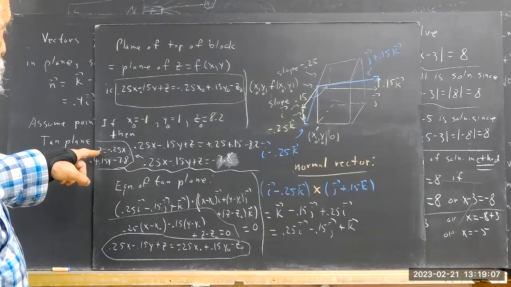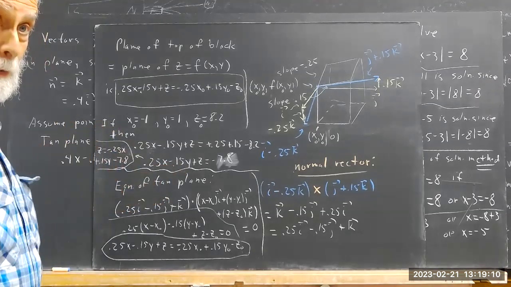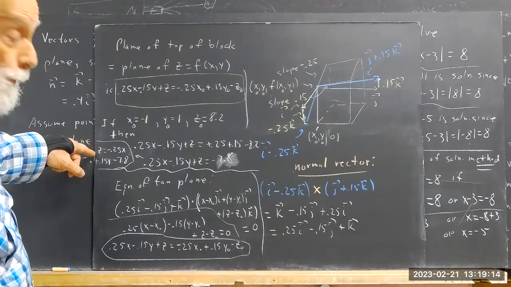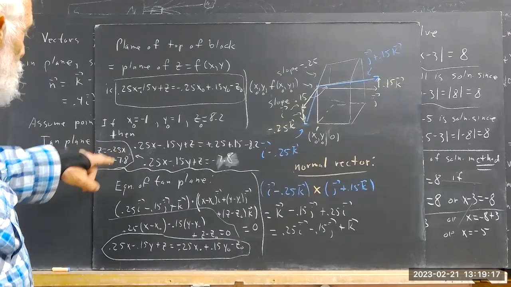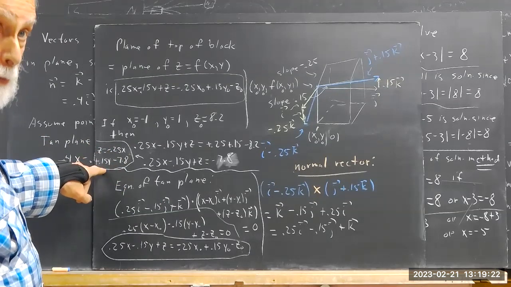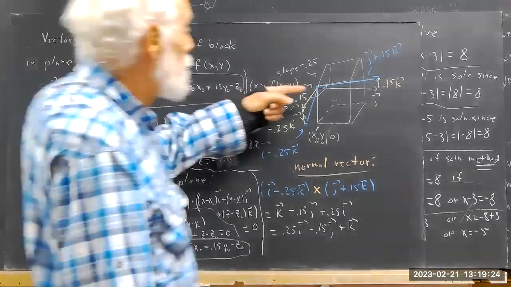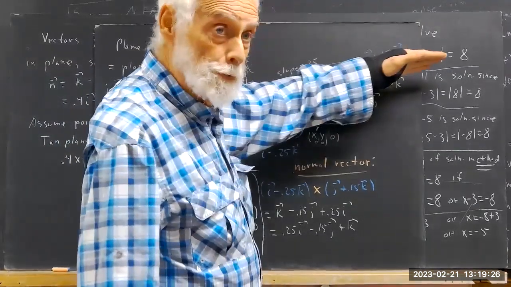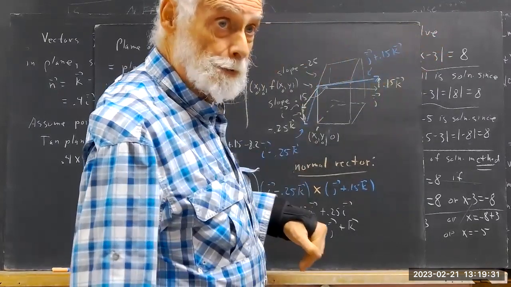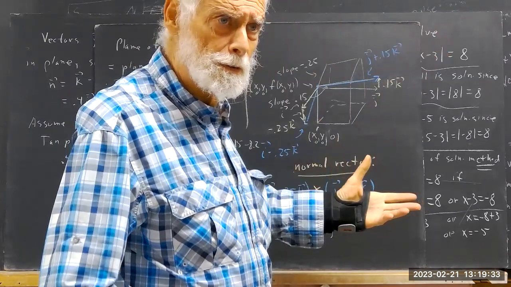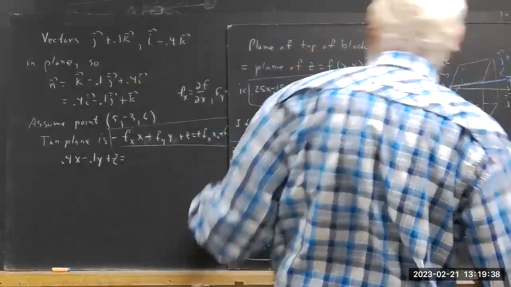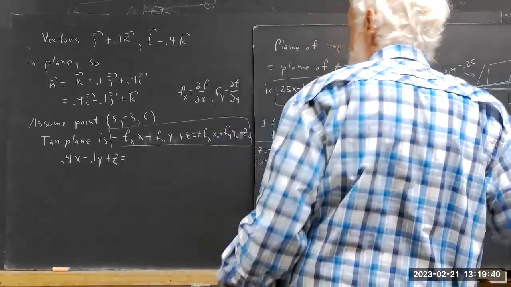You see, if we solve for z, these signs come negative, okay? And if z is your f of x, y, then your partial derivative of this with respect to x is going to be negative 0.25. With respect to y, it's going to be 0.15. So the slopes of these things represent the partial derivative with respect to x and with respect to y. Make sense? Okay, it's a fairly straightforward idea. I should have explained a little bit before that.